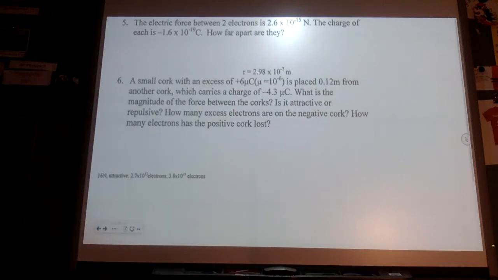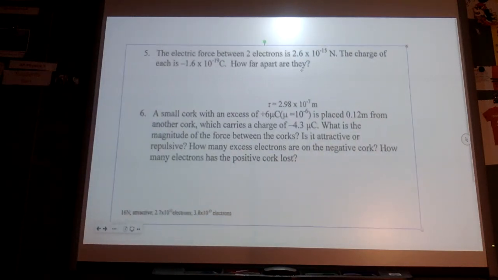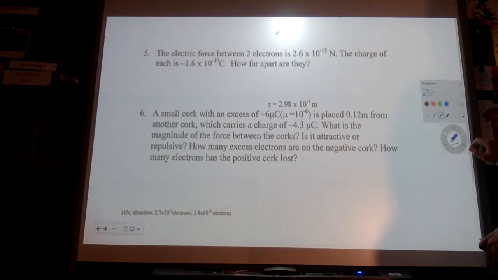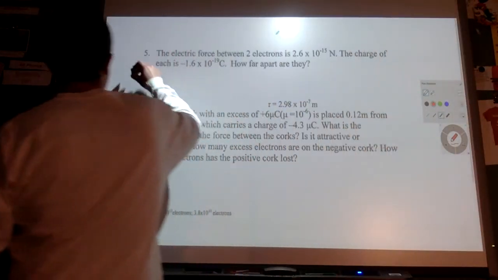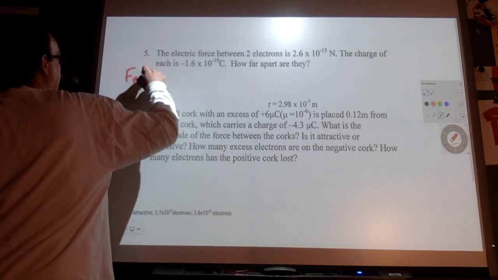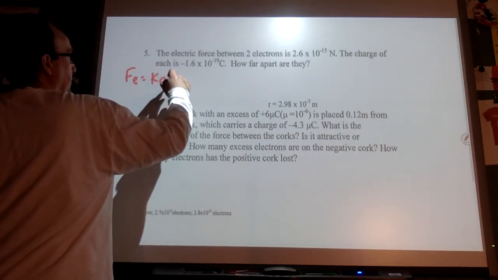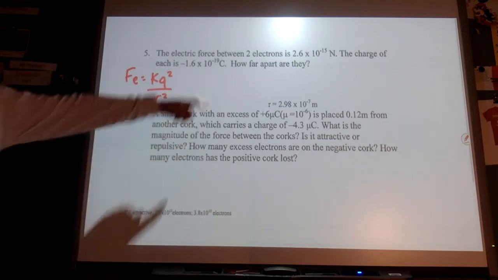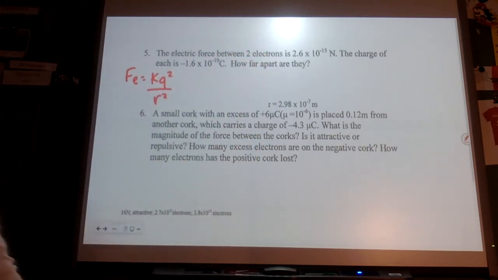All right, the electric force between two electrons is given. I want to find out how far apart they are. So now I'm going to have to get R by itself. So I have that F_E is equal to K Q squared over R squared. Since they're the same thing, I can make them the same for the charge.